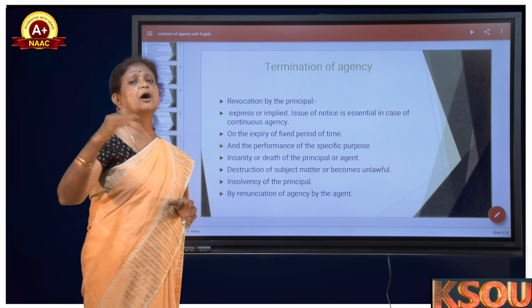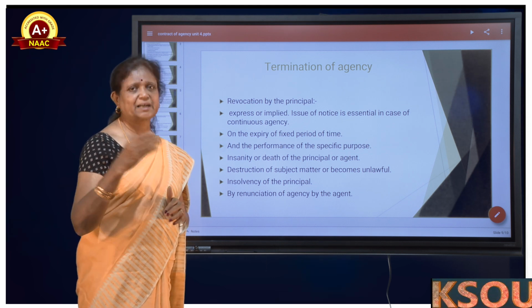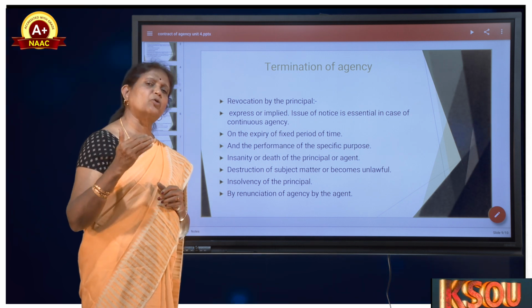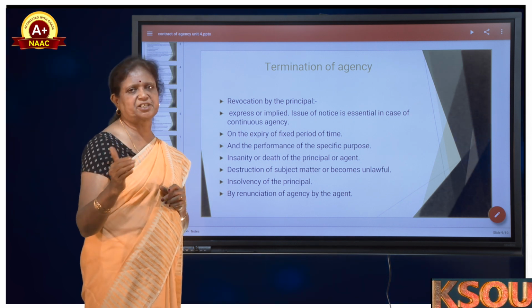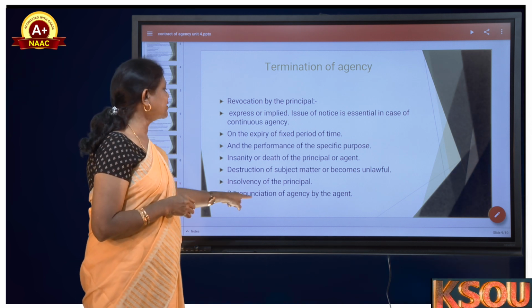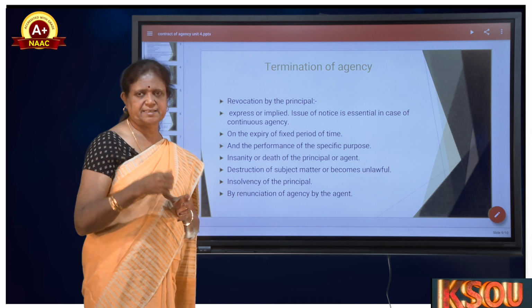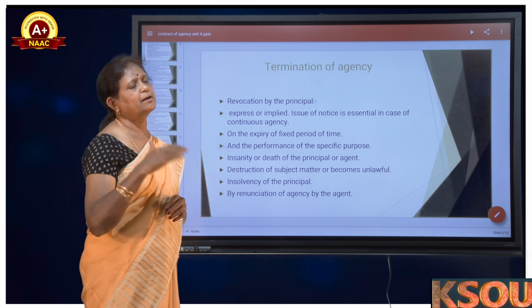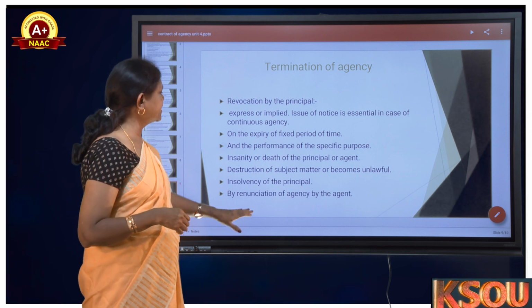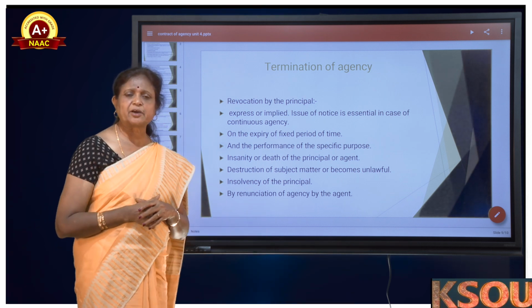Renunciation means coming out of the contract of agency. That means the agent no longer wishes to continue as an agent. That is nothing but renunciation. So whenever the agent renounces his agency, it is termination of agency. These are all the things with respect to contract of agency.